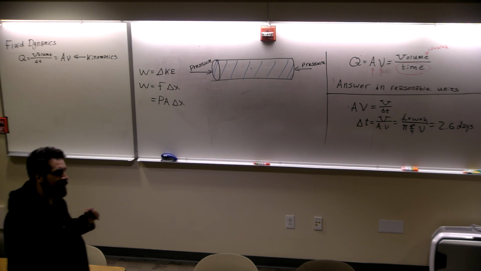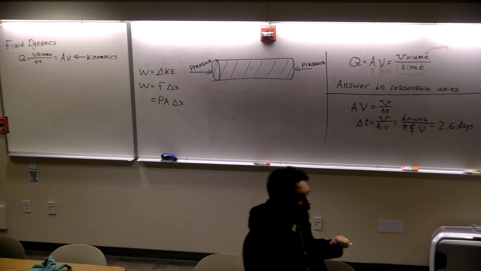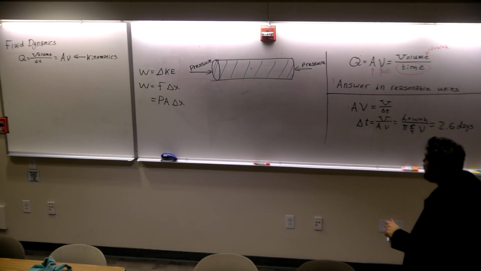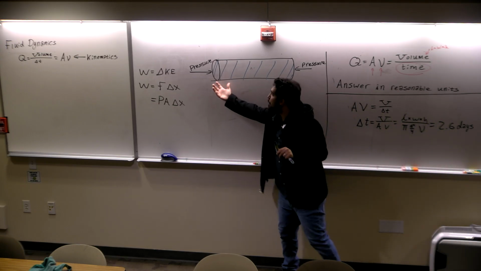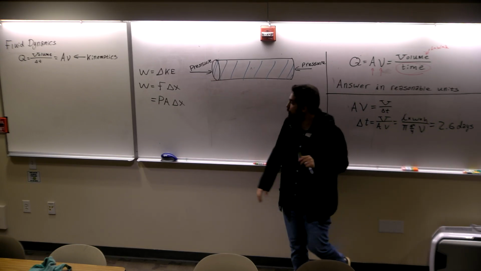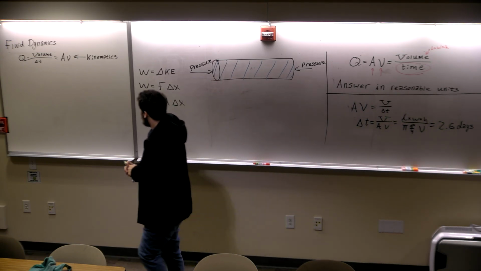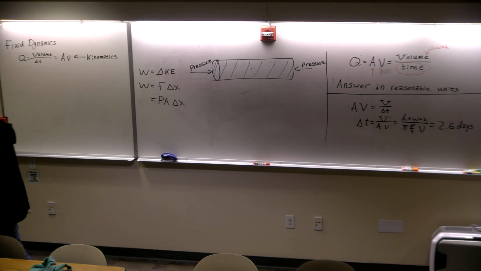So you say pressure times area, where area is the cross-sectional area of our pipe, multiplied by delta x, being how far we have moved the fluid with our pressure. That sound okay? All right.